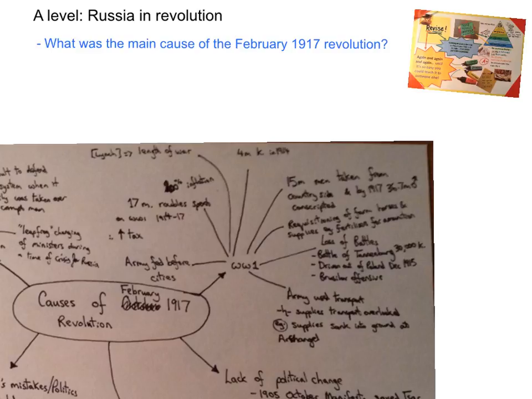They had millions and millions of these things, but they weren't actually getting to the soldiers because they hadn't organised how they were going to transport the goods. So the goods were just rotting away in places like Archangel, whilst the soldiers were going without ammunition that they actually had within Russia.